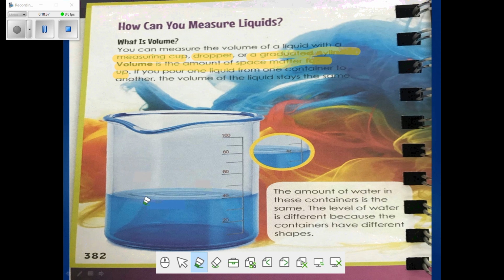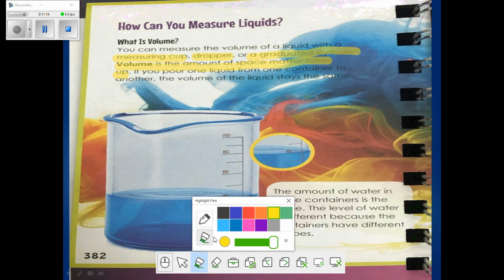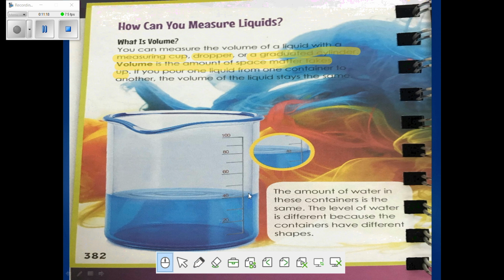Look here, if I ask you, what is the volume of water here? The volume is 40 milliliter. So the volume is, see? Look here.